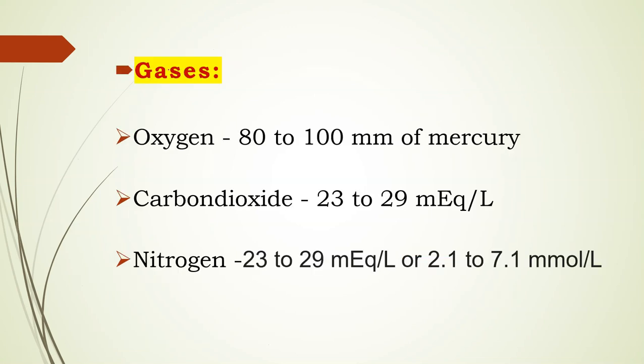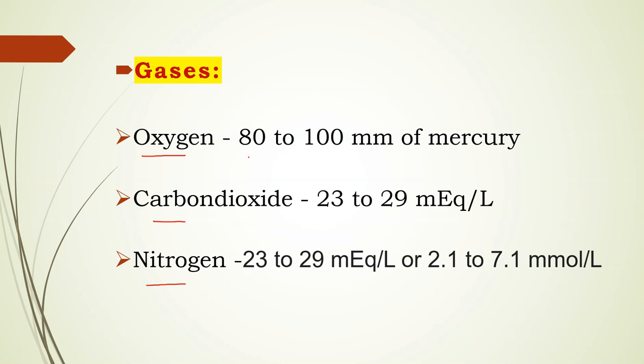All the above organic and inorganic substances are the solid components, and the plasma also contains a gaseous component along with water. The gaseous components include oxygen, carbon dioxide, and nitrogen. These are the main gases.